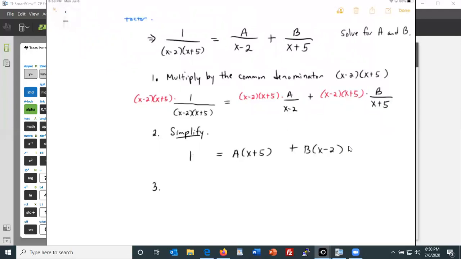All right, now what we're trying to do here is to solve for both A and B. So what you're going to have to do next is get the zeros of your denominators of x minus 2 and x plus 5, and then substitute them in one at a time.